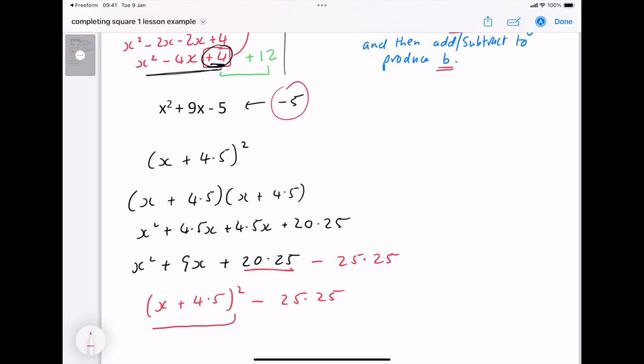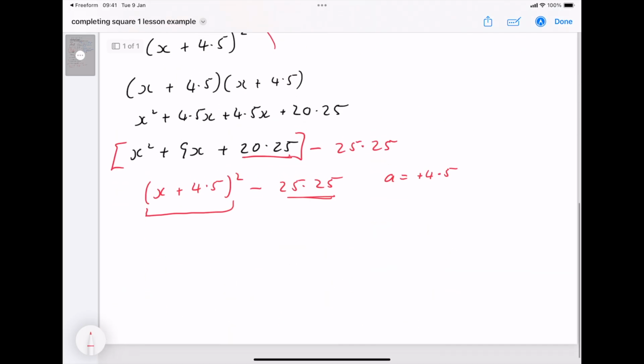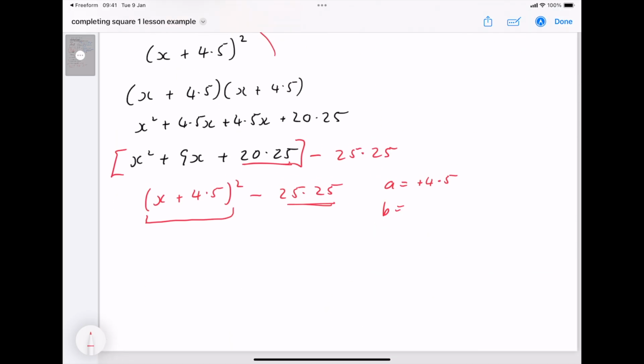So we know expanding that gives us this bit, and then taking away that 25.25 gets us back to minus 5, which is from the original quadratic. So for this particular example, a would be positive 4.5 if we're using this notation, a, b integers, and then b is the number outside, negative 25.25.